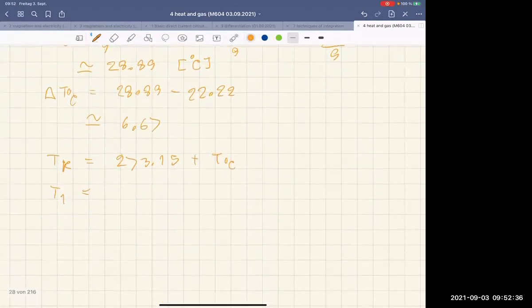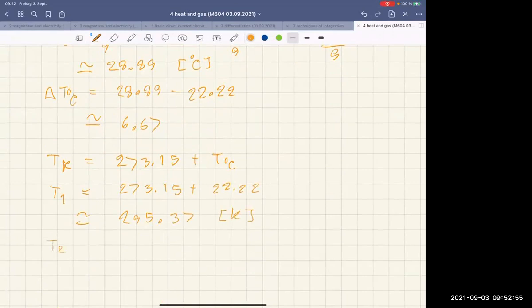So it's 273.15 plus 22.22. You would get approximately 295.37. This is in Kelvin.